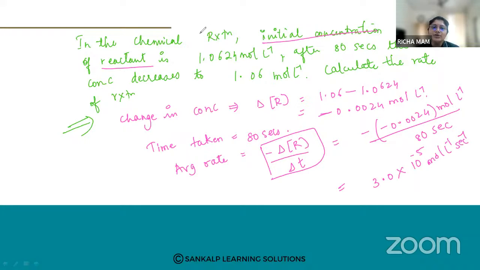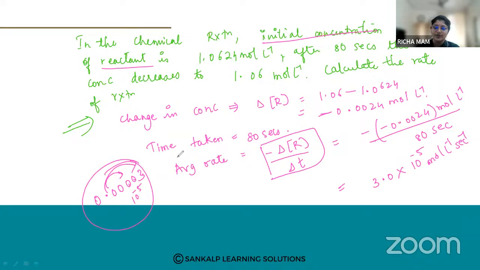How much did you get? If I shift the decimal 1, 2, 3, 4, 5 places, it will be 10 raised to minus 5.